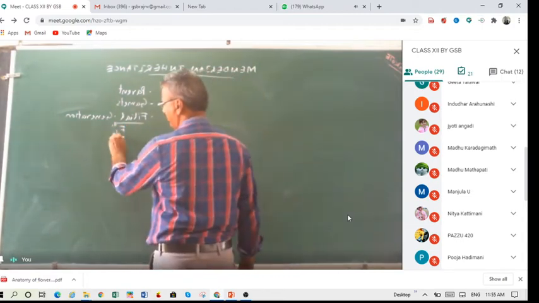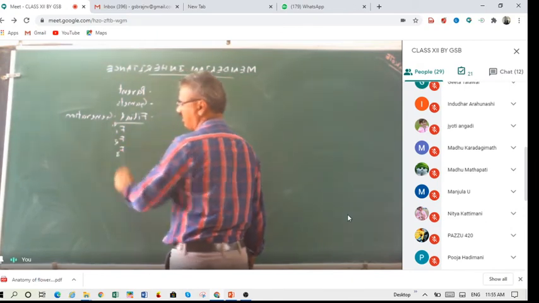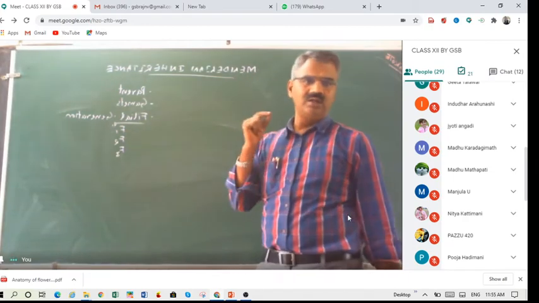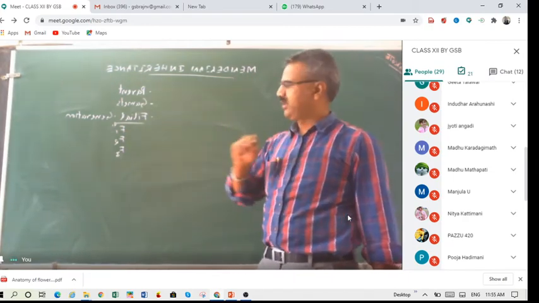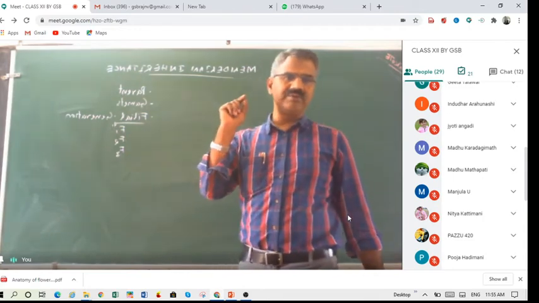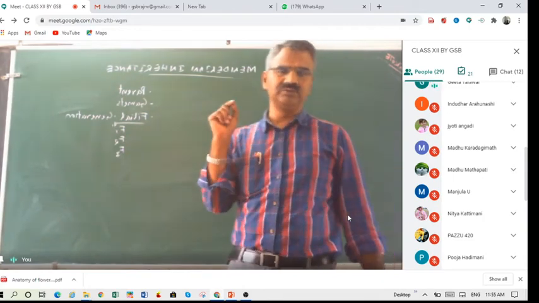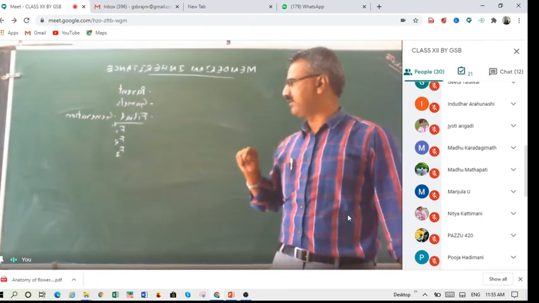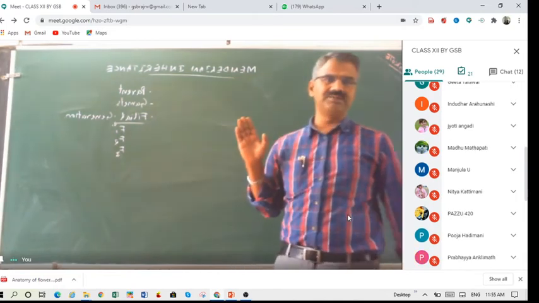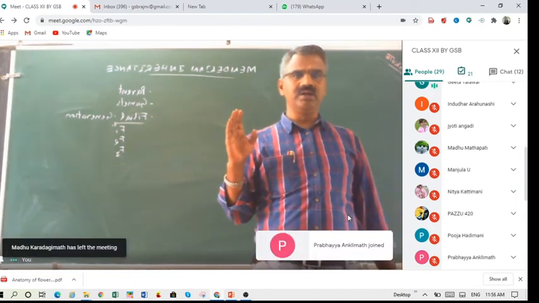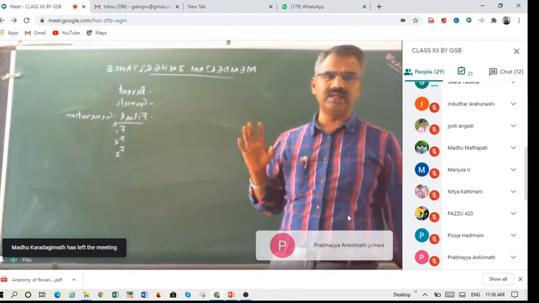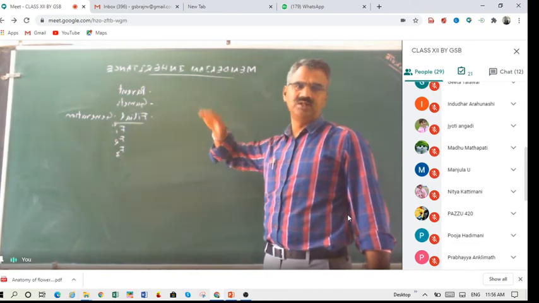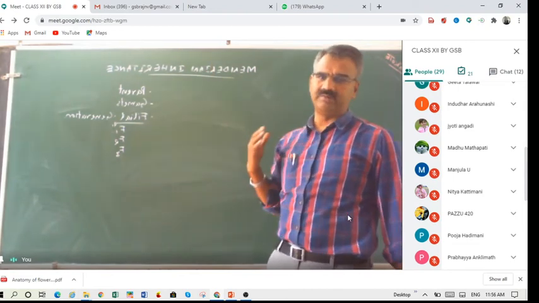We can have F2, F3, like that many generations. So F1 is the first filial generation. What is F2? Second filial generation. Then what is F3? Third filial generation. Like this we can have the filial generations. This is another term which we use here.